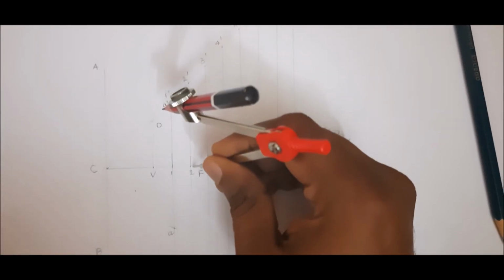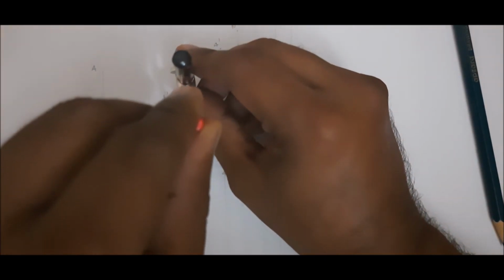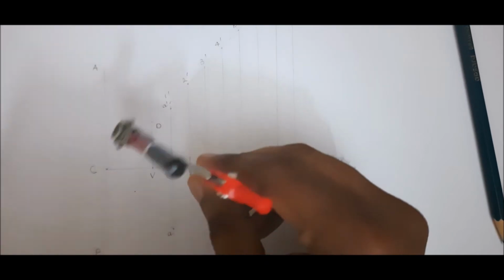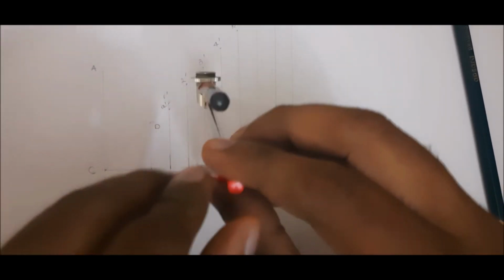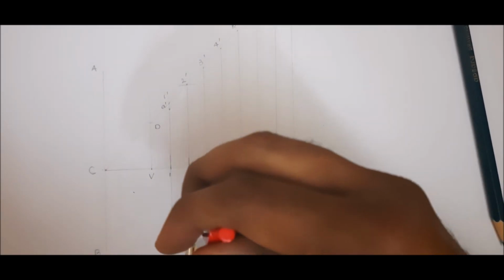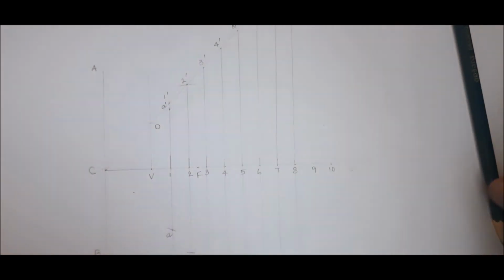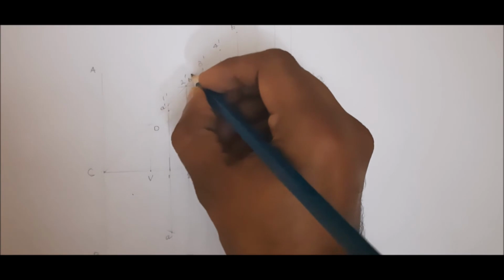Next I am going to measure the distance 2 2 dash. Then with focus as center, I am going to cut an arc above 2 2 dash and below 2 2 dash. So I am naming this point as small b and this point as small b dash.